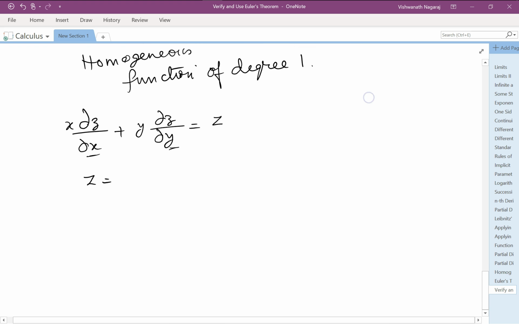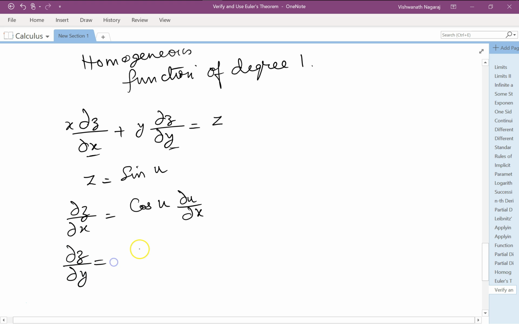So z is equal to sine u. Now dou z by dou x is equal to cos u, and then we have to differentiate u itself, so dou u by dou x. Similarly, dou z by dou y is cos u dou u by dou y.